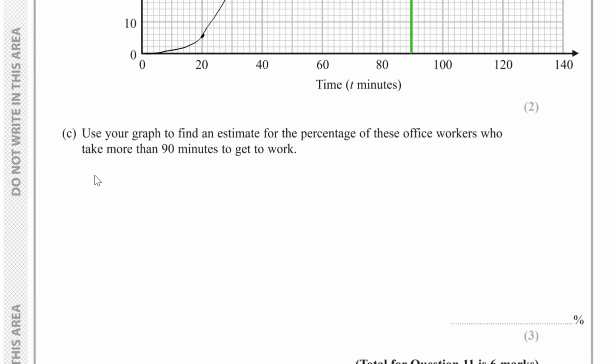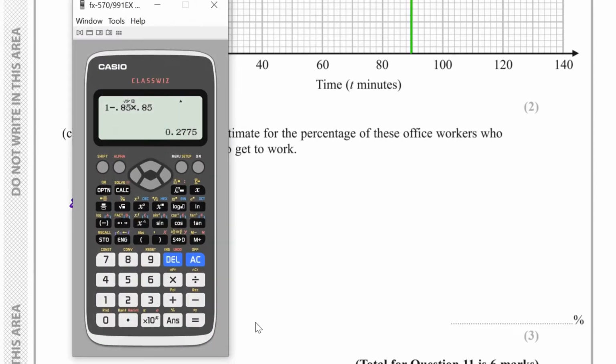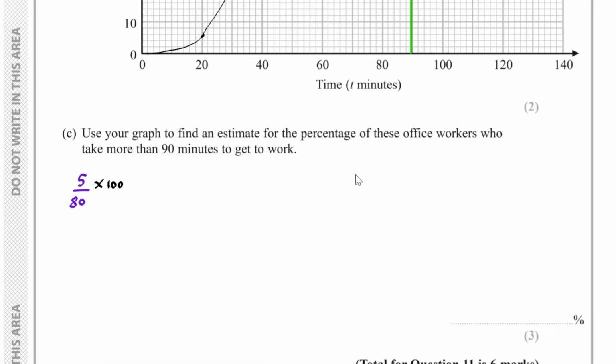So therefore we have 5 out of the 80 who took more than 90 minutes, and then to convert this to a percentage, multiply by 100. So 5 divided by 80 multiplied by 100, we end up with 6.25%.